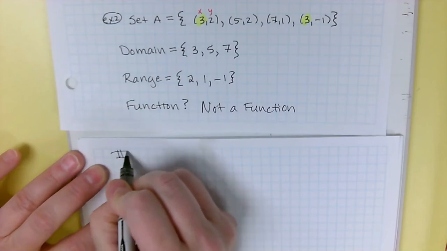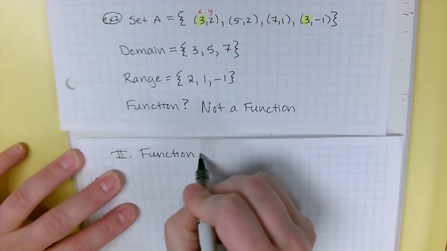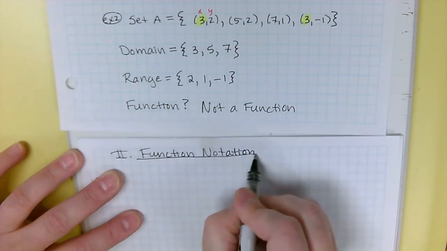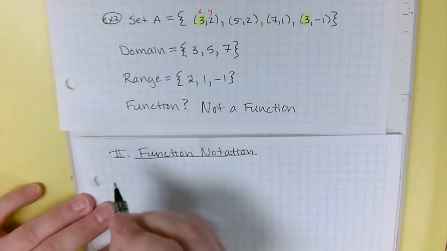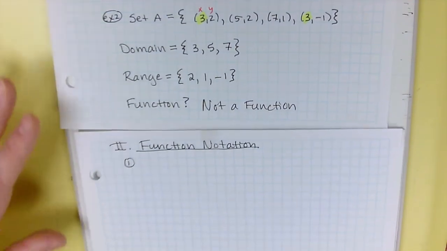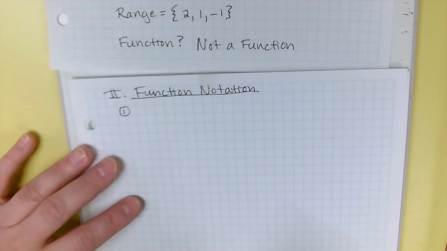So this is Roman numeral 2, function notation. Okay, so if you understand the purpose of function notation, or at least its origins, it's a lot easier to remember it and keep it straight.